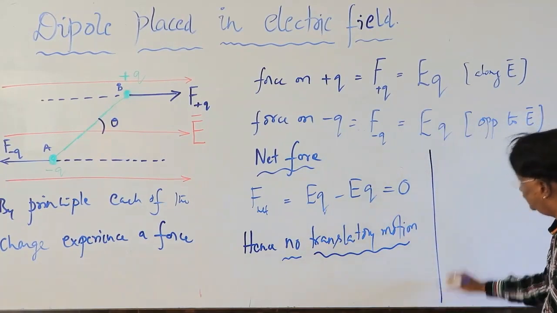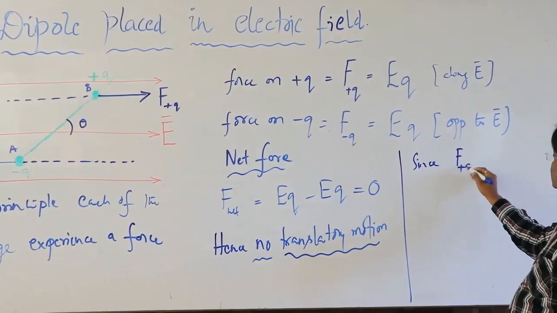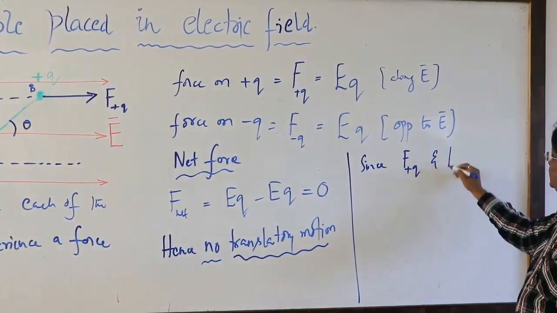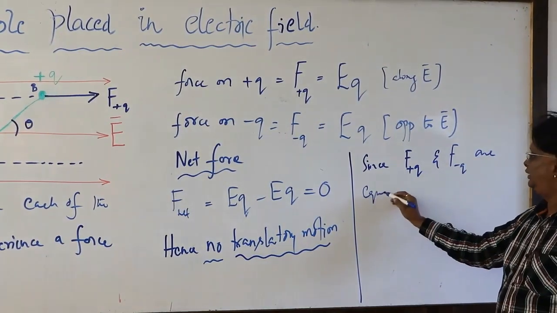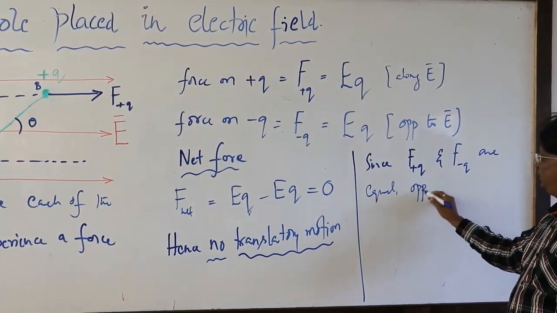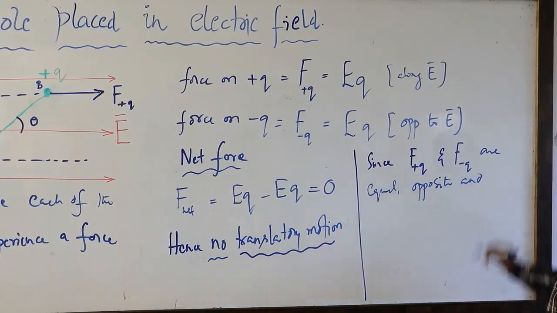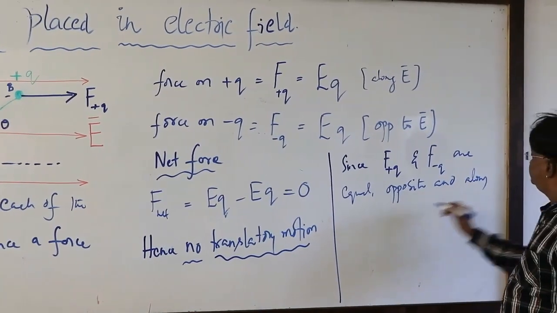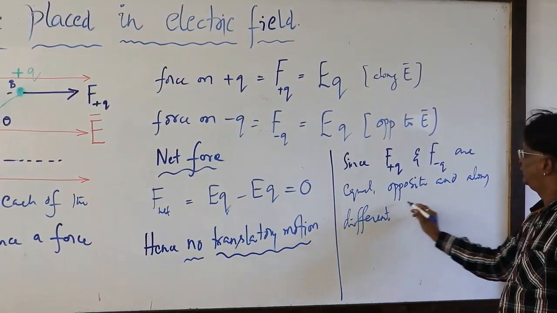Since F on plus Q and F on minus Q are equal, opposite, and what is the third character? Along different lines of action.